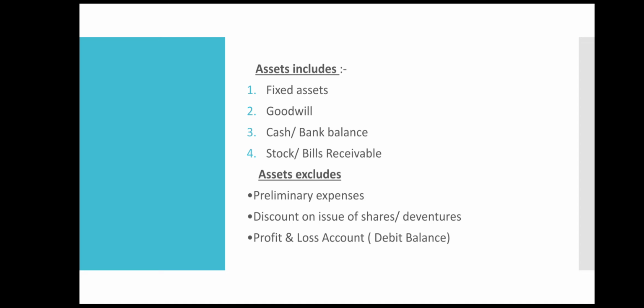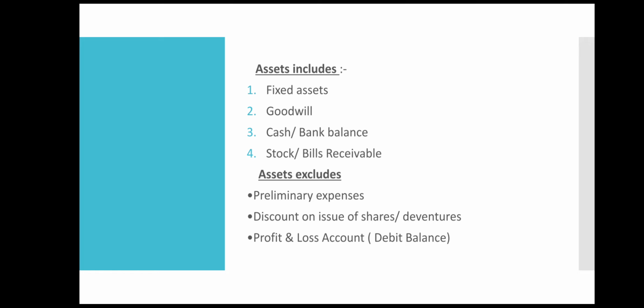When I say assets, assets include fixed assets, goodwill, cash or bank balance, stock and bills receivable, but assets exclude preliminary expenses, discount on issue of shares or debentures, profit and loss account debit balance, in the sense any losses.